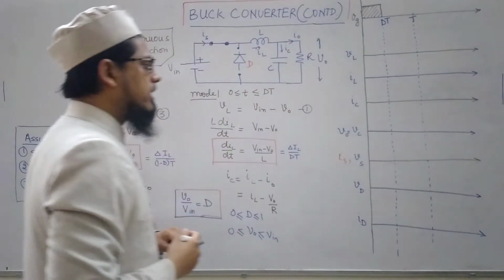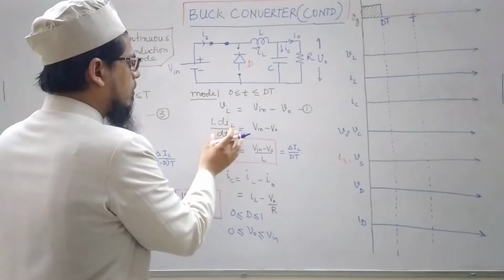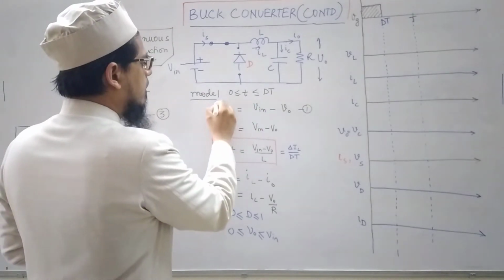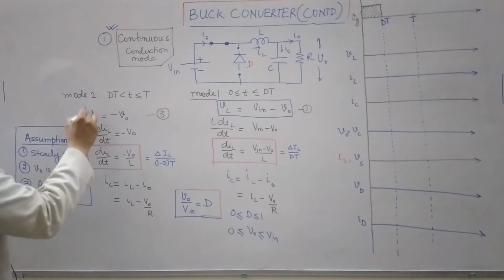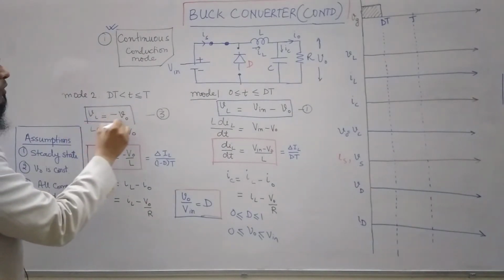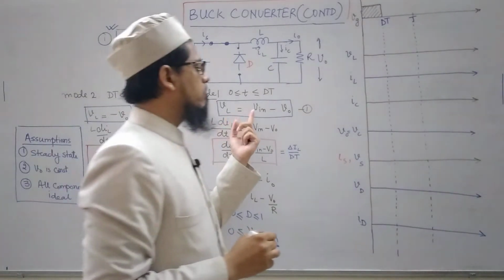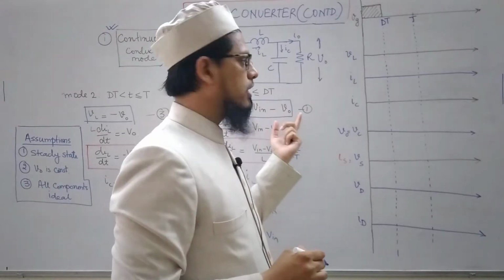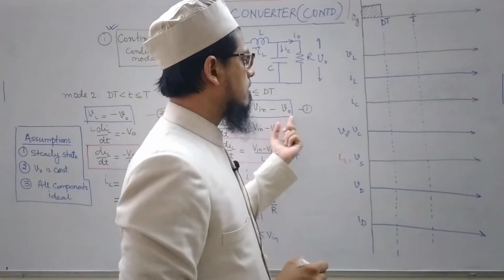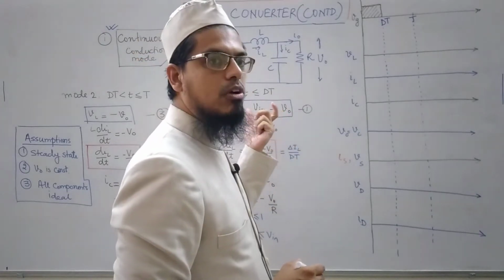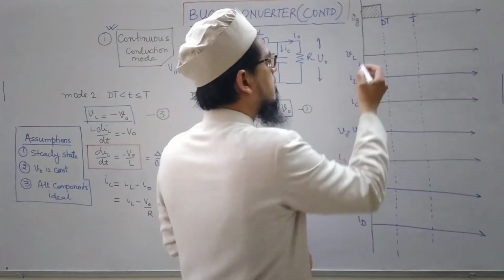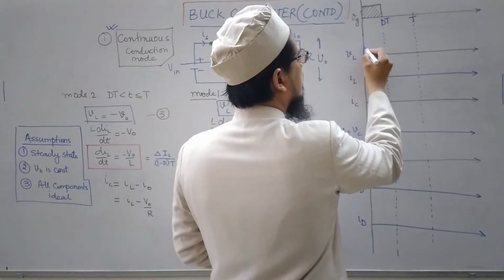For plotting VL, we have already obtained an expression of VL in mode 1 as well as in mode 2. From mode 1 we have VL equals V in minus V naught, and since I told you that V in is greater than V naught, this will be a positive constant value. So let me try to plot it here.